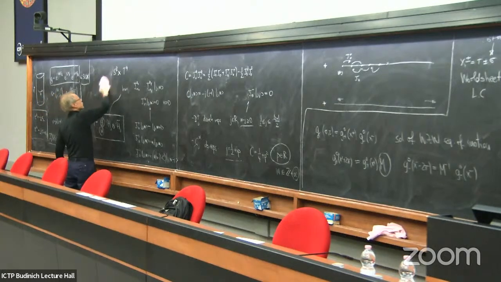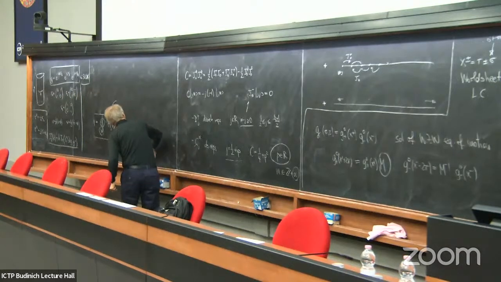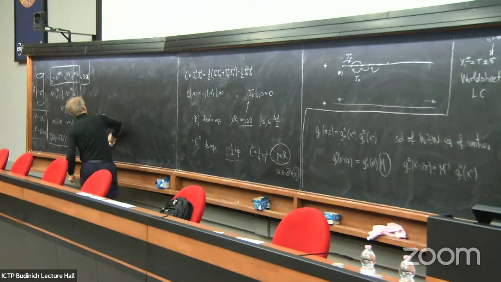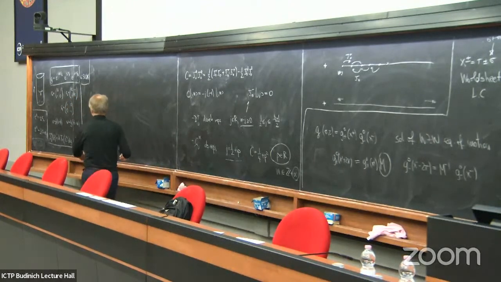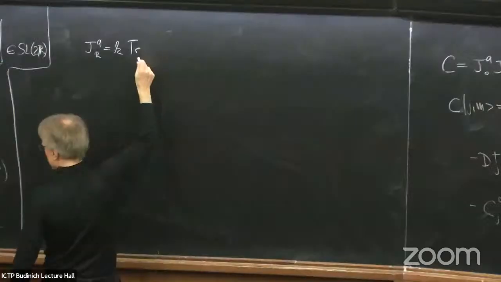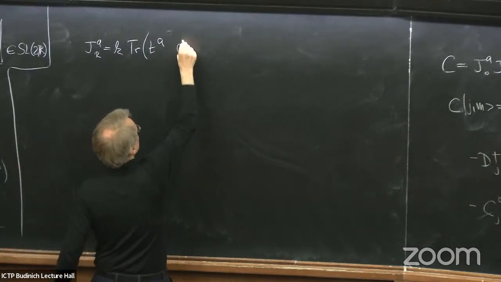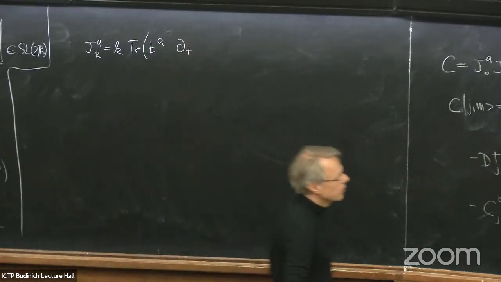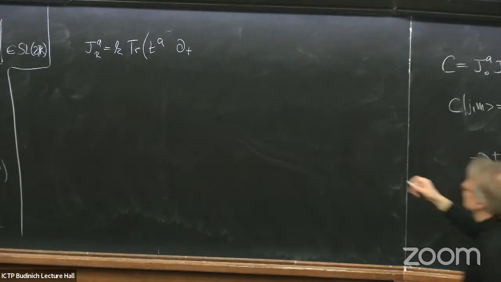Okay, so we take a solution of the type G0, a periodic solution, or rather fixed by this fixed monodromy. And now we have to include this factor. So now what we want to calculate is that J^A of R is now K times the trace of T^A, and now I'm writing out D plus of G, G inverse.